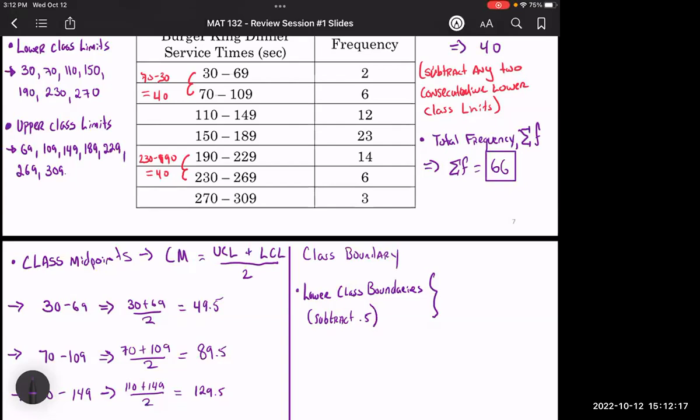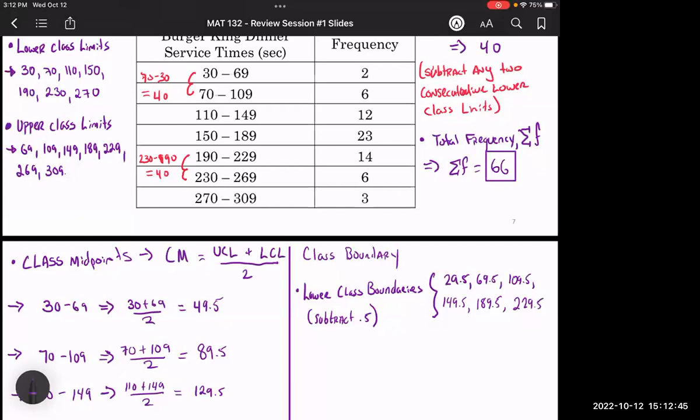So the first one is 29.5. What would be the next one? 69.5. The next one? Keep going. 149.5. 229.5.